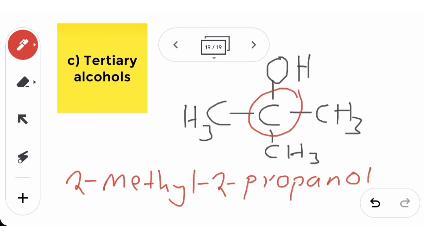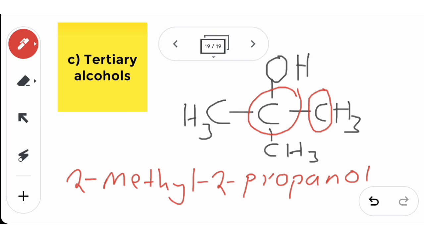Now, we need to count the number of carbon atoms that are directly attached to the alpha carbon. Let's count: this carbon is directly attached to the alpha carbon. That is 1, 2, 3. So we have 3 carbon atoms that are directly attached to the alpha carbon. Therefore, this particular alcohol qualifies to be classified under tertiary alcohols.